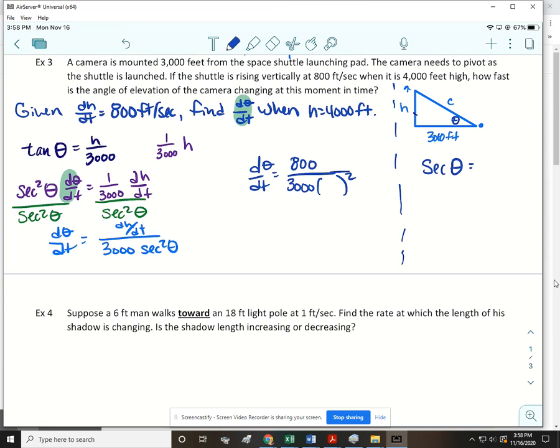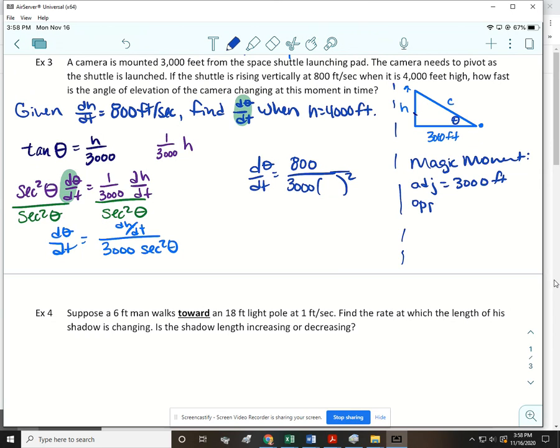So secant is the reciprocal of the cosine, and the cosine is the adjacent over the hypotenuse. And at the magic moment, I know that my adjacent is 3,000 feet.